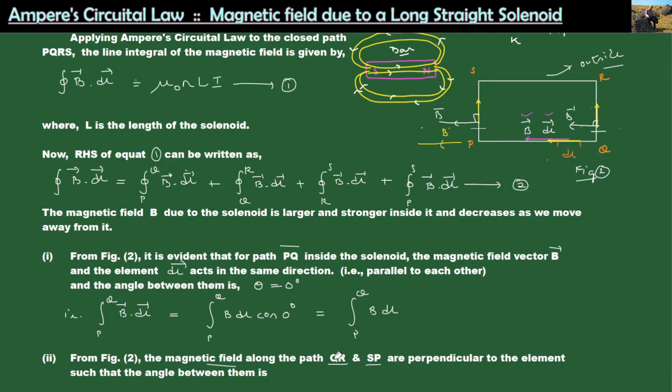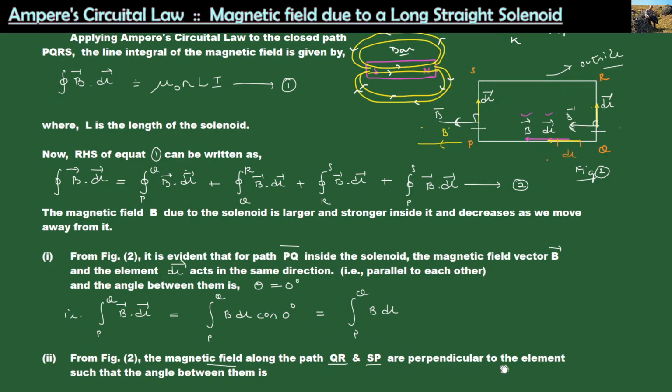This is the direction of the magnetic field along arm PS, and this is the direction of the magnetic field along QR. So B and dl are perpendicular, both with respect to SP and with respect to QR.